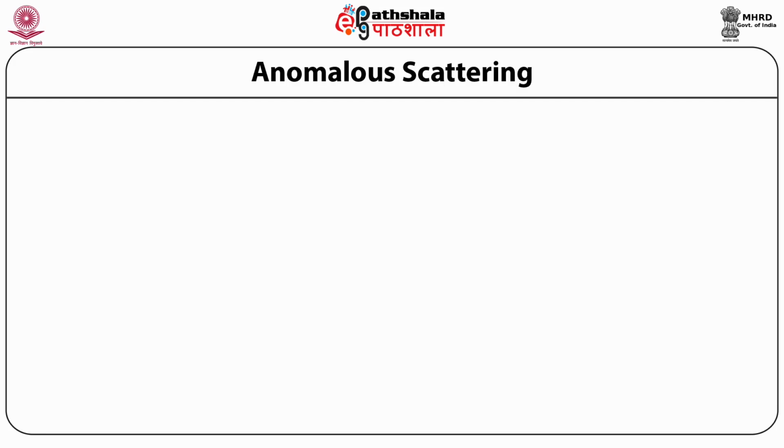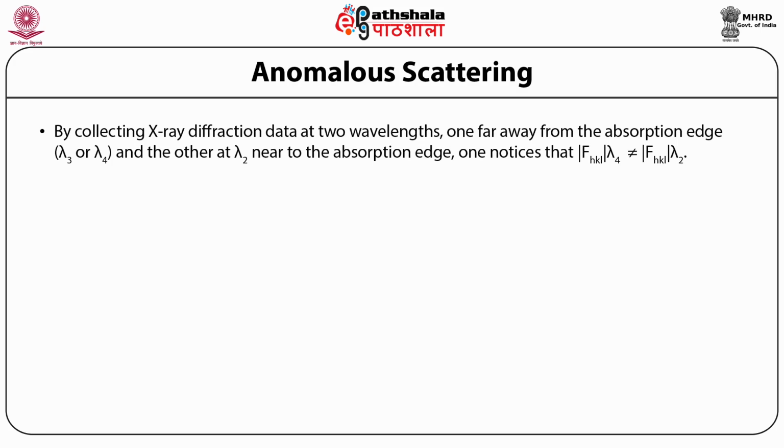In high energy synchrotron radiation, the tunability of wavelengths is there. So one can collect X-ray diffraction data at 2 wavelengths, one far away from the absorption edge, that is at lambda 3 or lambda 4, and the other at lambda 2 near to the absorption edge.